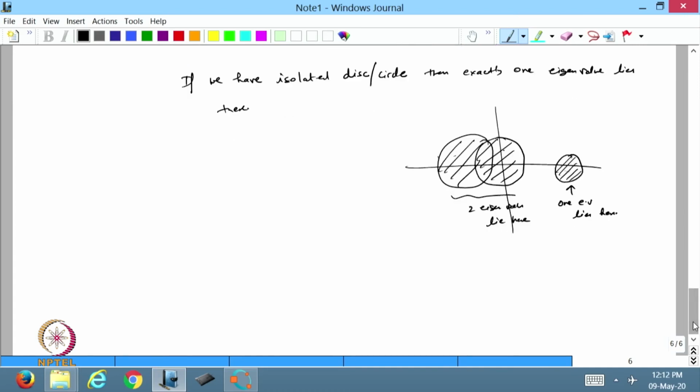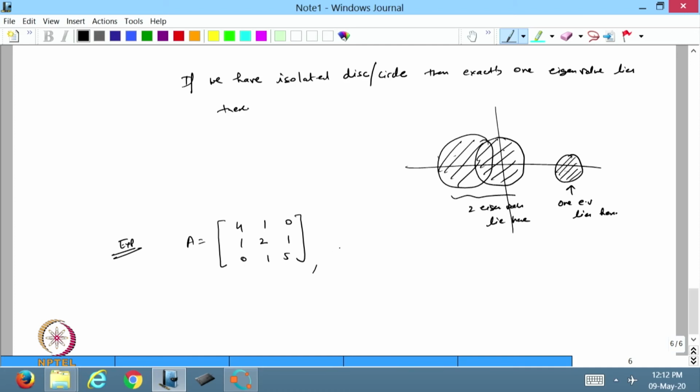So, let us take one more example. I have matrix A: 4 1 0, 1 2 1, and 0 1 5. So, this I have chosen.